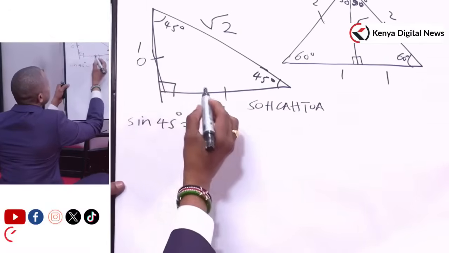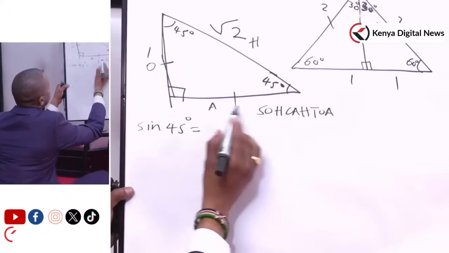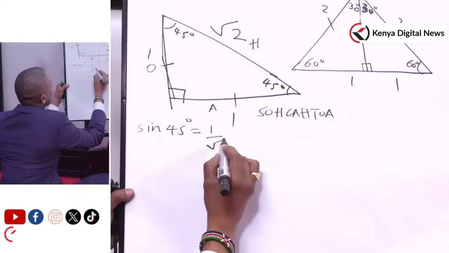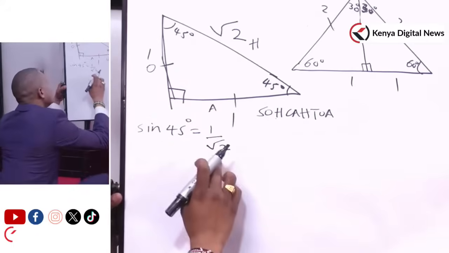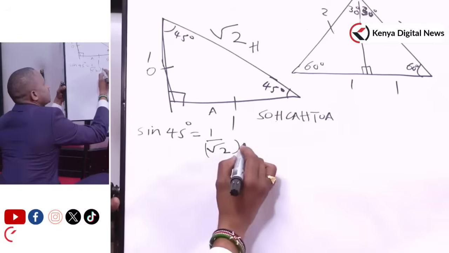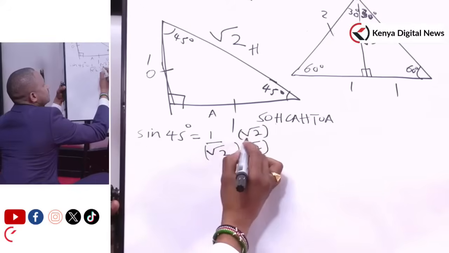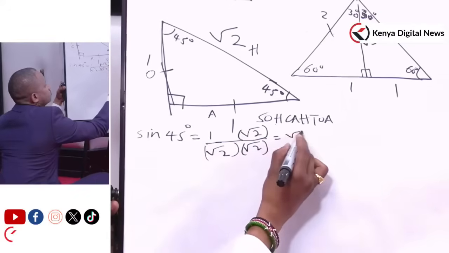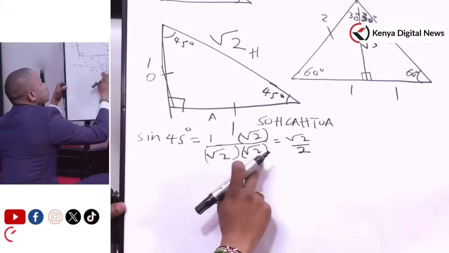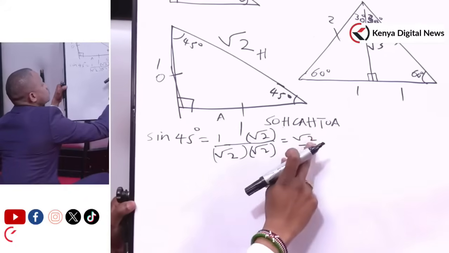The opposite is 1 over hypotenuse, which is root 2. Now sine 45 is 1 over root 2. When you open this in surd form, this is a surd, you rationalize, it will be root 2 over 2. Root 2 times root 2 is root 4, and root 4 is 2. So sine 45 is root 2 over 2.